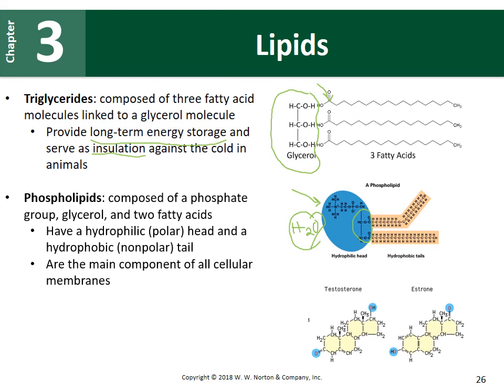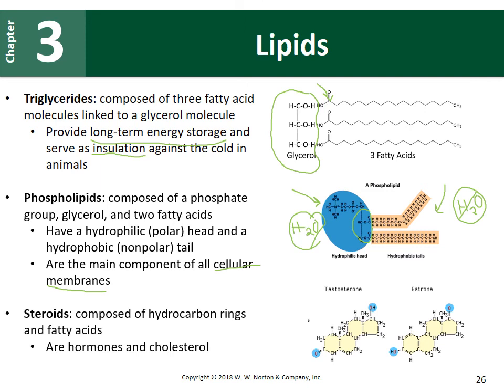The other end, the fatty acids, are hydrophobic, or they do not want to be around water. These phospholipids are going to be the main component of cellular membranes. And we will take a closer look at them when we get to cells.